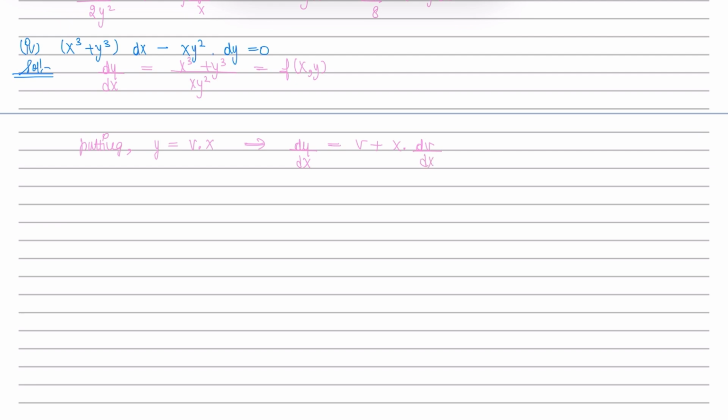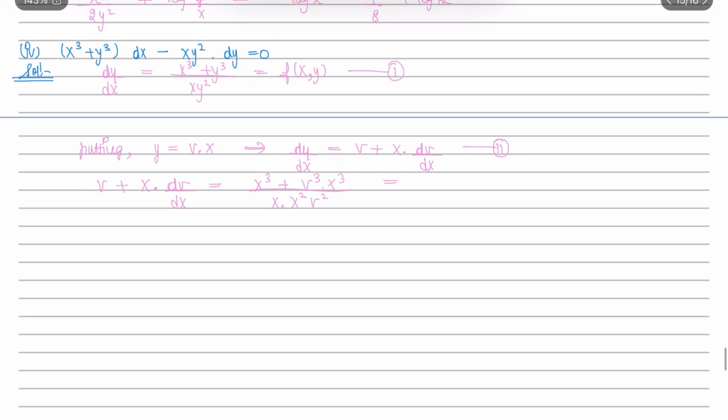Substituting these values in equation number 1, it will become v plus x into dv by dx is equals to x cube plus v cube into x cube divided by x into x square v square. Taking x square common from both numerator and denominator, this will simplify as 1 plus v cube divided by v square.